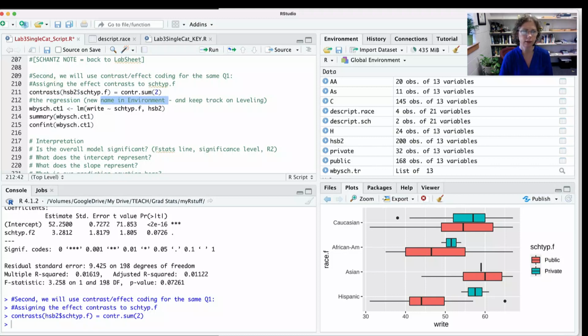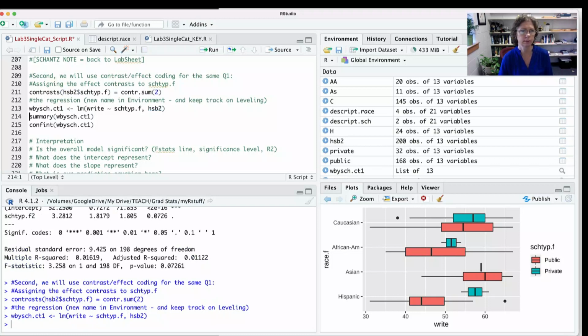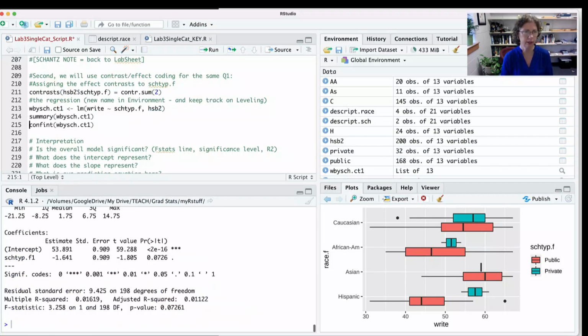This one I called write by school CT1, so contrast type 1, assigned by the linear model of the outcome write predicted by the categorical predictor school type in this data set. And I can call a summary for that.